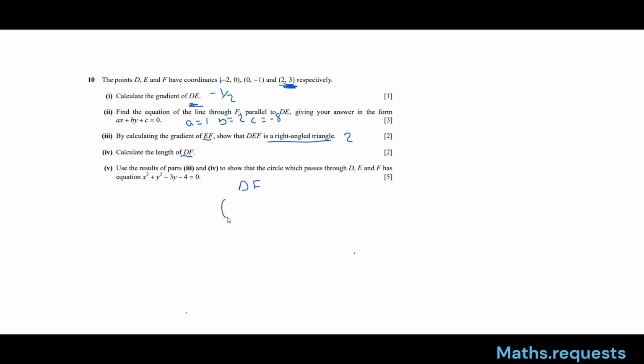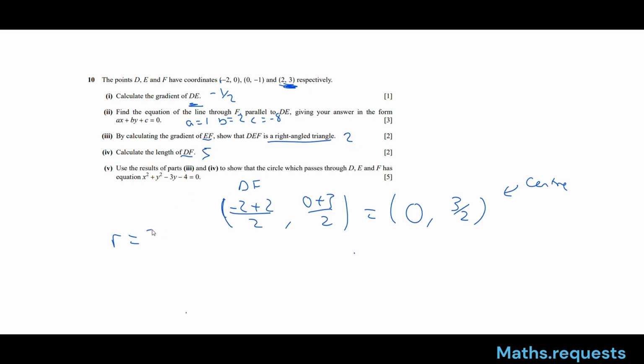So the midpoint of DF is ((-2 plus 2) over 2, (0 plus 3) over 2), which is (0, 3/2). Okay, so that is the center of the circle. And then you know that the radius equals half the length of the hypotenuse. So we got the length of the hypotenuse to equal 5 earlier. So the radius is just 5 over 2, which is 2.5.